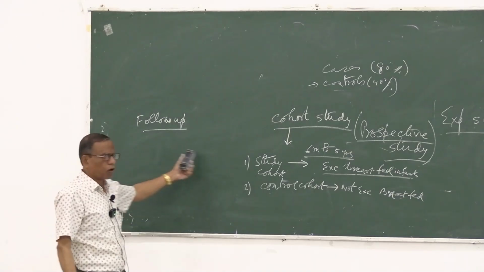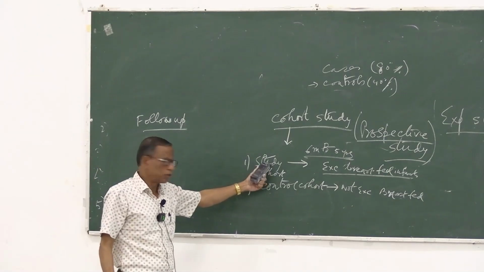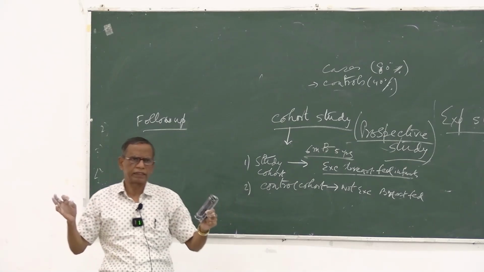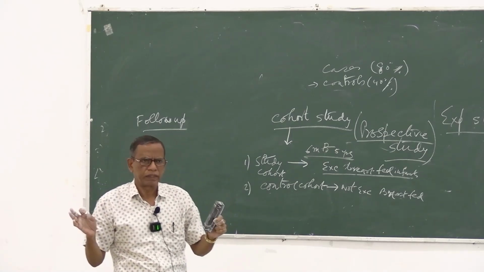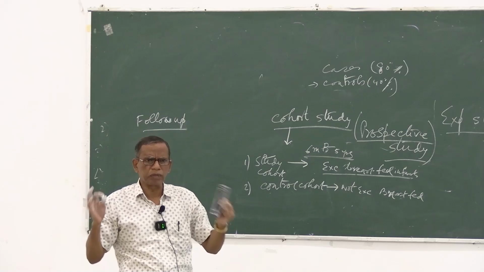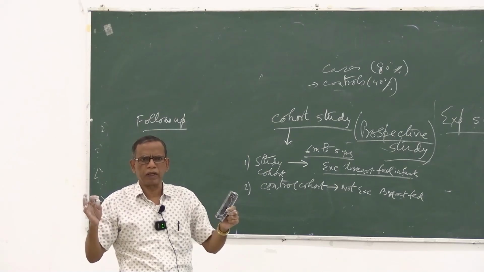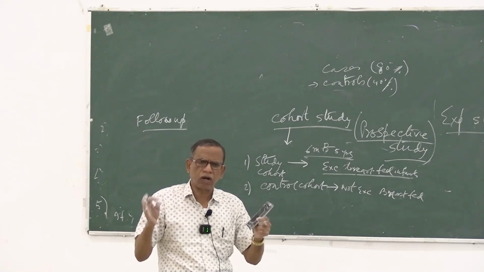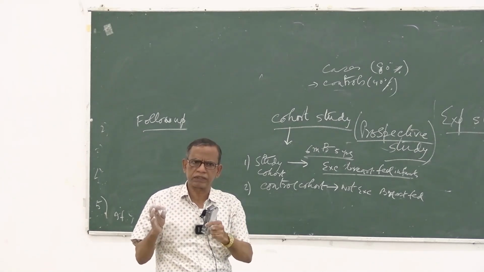Next, you have to follow up these study cohort and control cohort. Again, no question of matching, because cohort means the group of people having similar characteristics, all in the age group of 6 months to 5 years.